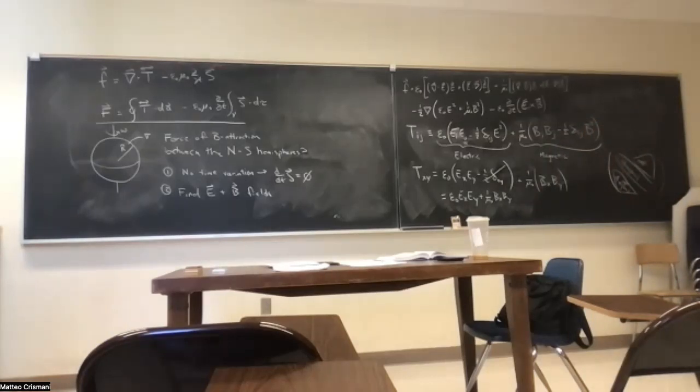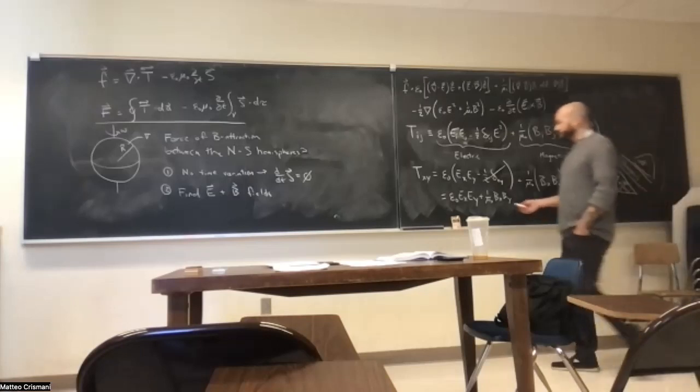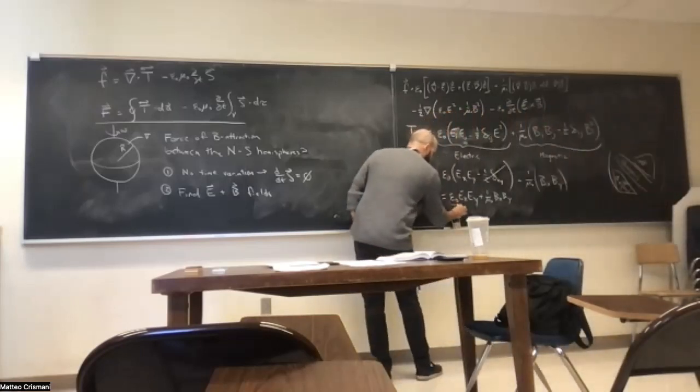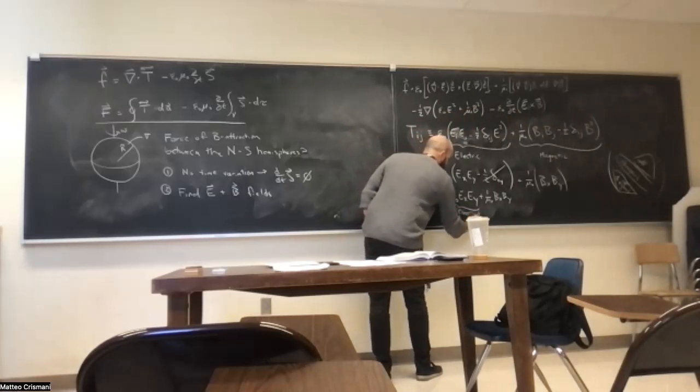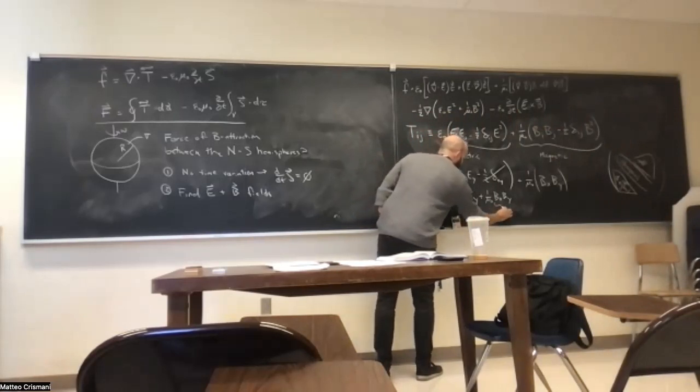Pressures. And what did the off diagonal terms represent? Shear. Good. So let's take a look at this here. Is T_xy a pressure or a shear? A shear. Okay. So this would be the component. This is the electrical shear.